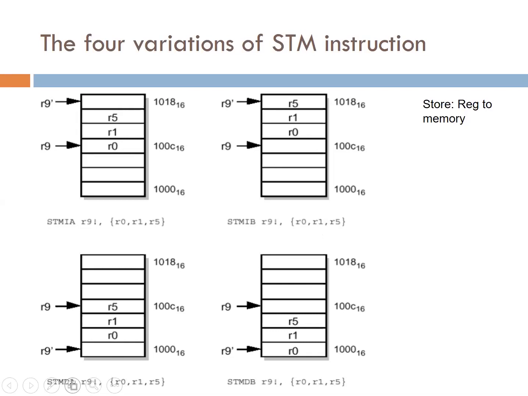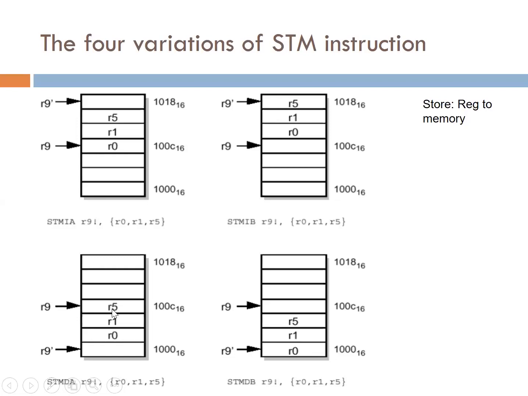So initially R9 is pointing here. It says decrement after storing, right? So what is the last register available here? The available register here is R5. So it will start in reverse. R9 is pointing here.